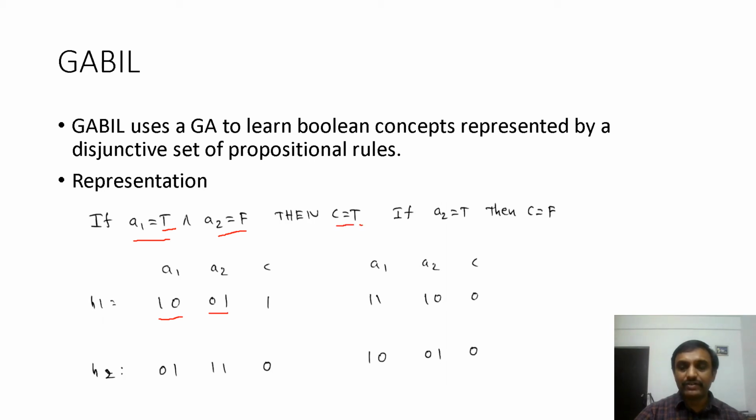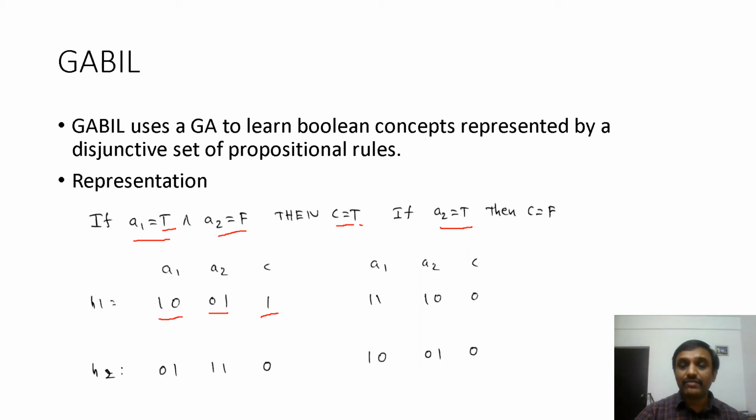What is the disadvantage of taking two values for the output? A problem will come. For the output, we can take only one value. If it is true, 1. If it is false, 0. So we take 1. Now see the next rule. If A2 is true, then A1 is not represented here. What is the meaning of that?